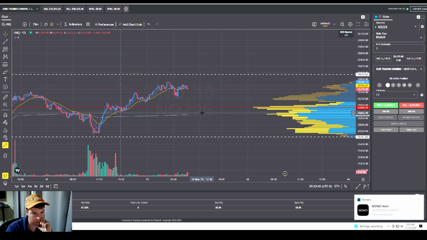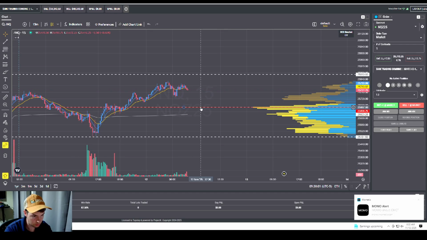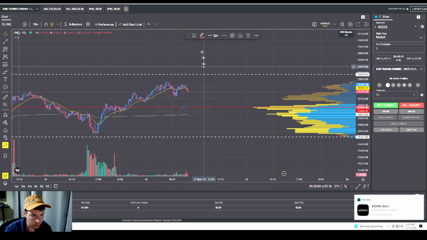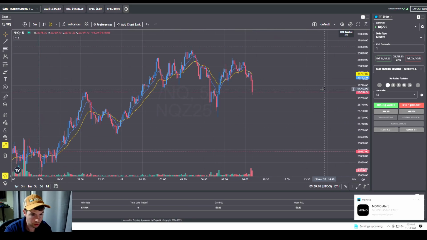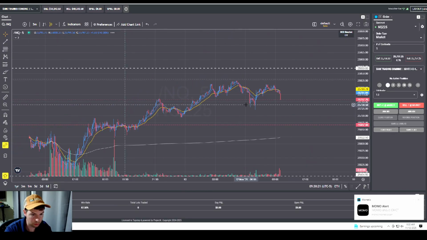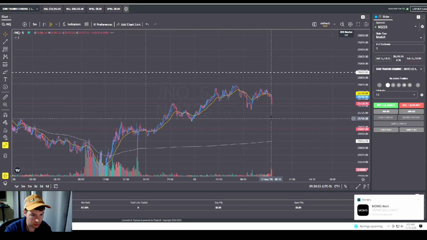Okay, market should be open now, so it should get a little sporadic here in a minute. Get this line too. And let's make this line dotted and red. That way when I go back to here, which I've already seen a huge short down, but let's see how the first minute plays out.